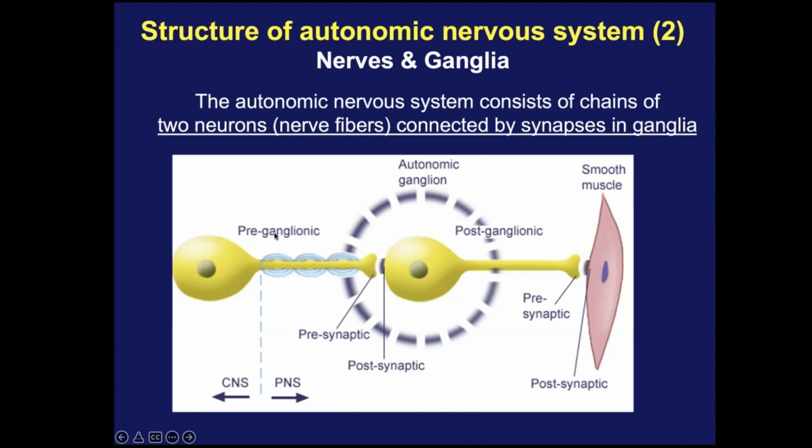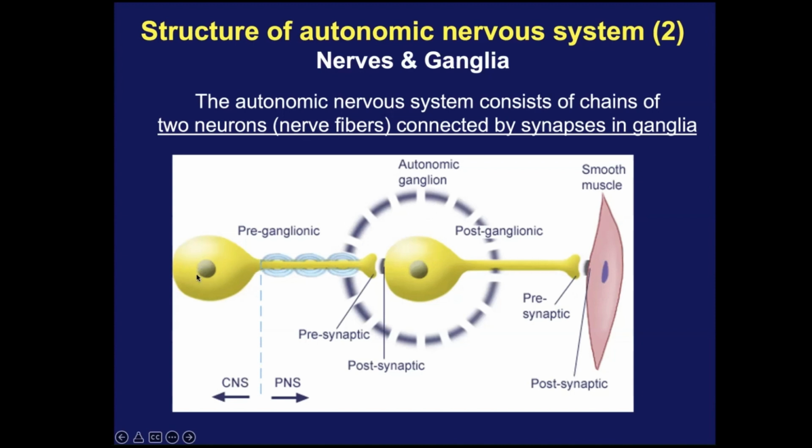It is called a preganglionic neuron, and the cell body is located in the central nervous system, either in the brain or in the spinal cord. And the fiber of this neuron reaches out to form the synapse with the second neuron in the ganglia.